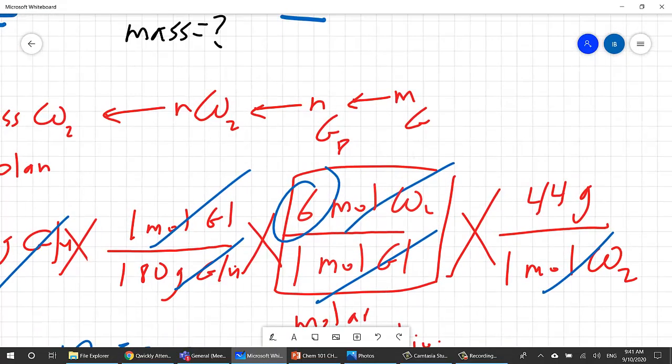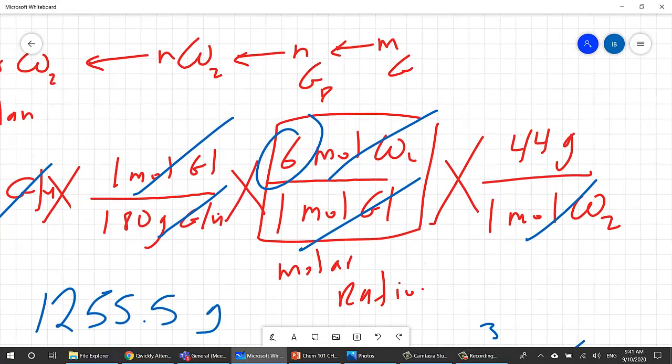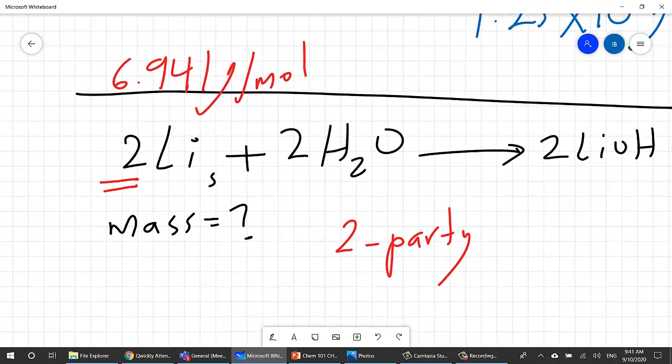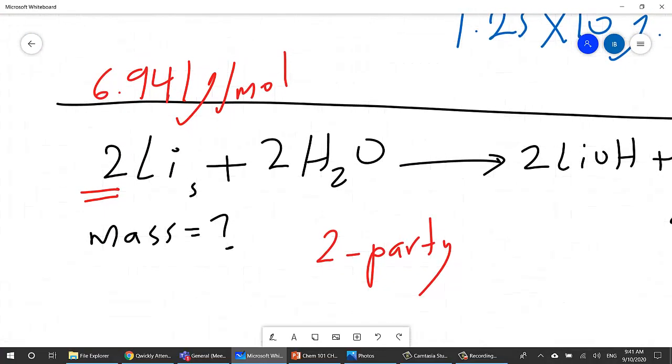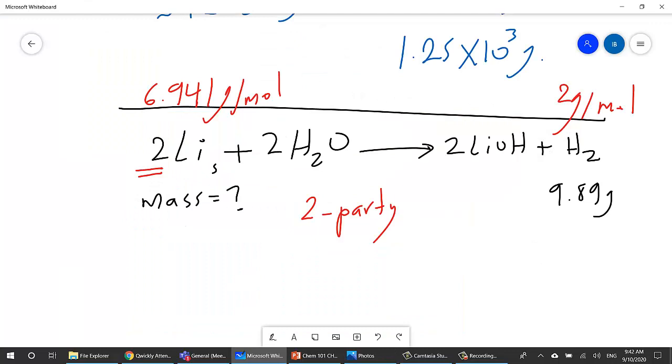This is how I implement my coefficients into the answer. Same thing here. The lithium is 6.941. You don't multiply that by 2, but the 2 will come later. And the other thing is that people make mistakes in the exam. They use the atomic number, which is 3, instead of the atomic mass. So be careful to use the correct one.